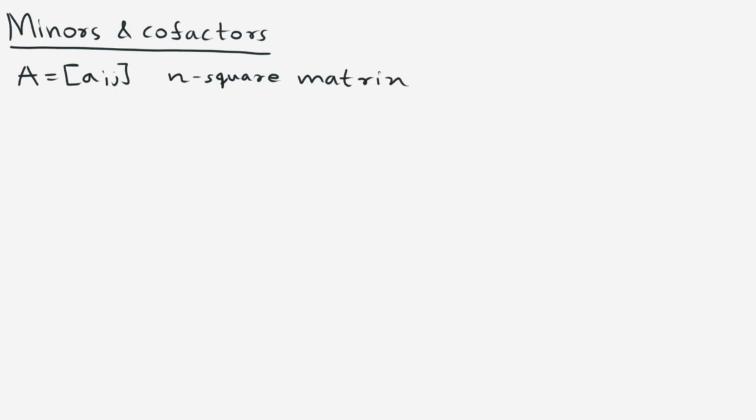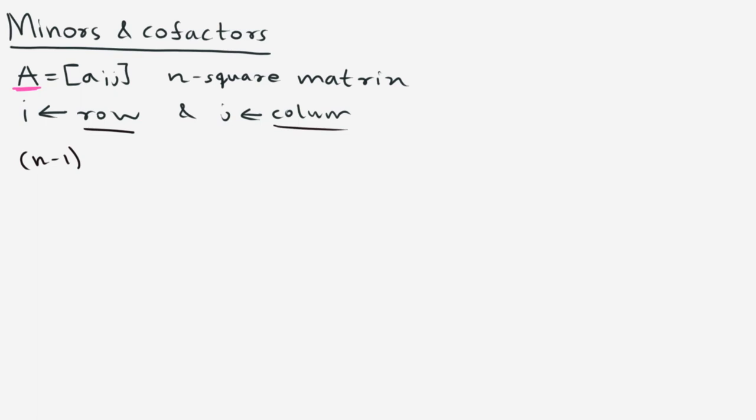If we delete some row i and some column j from this matrix, we now have a matrix of order n minus 1, because we already deleted one row and one column.